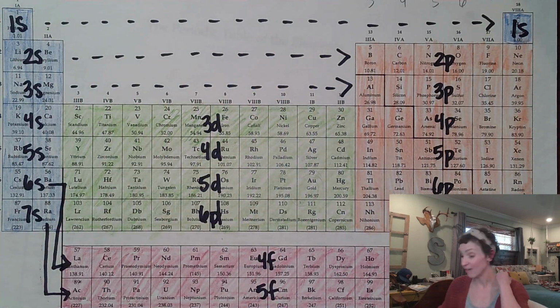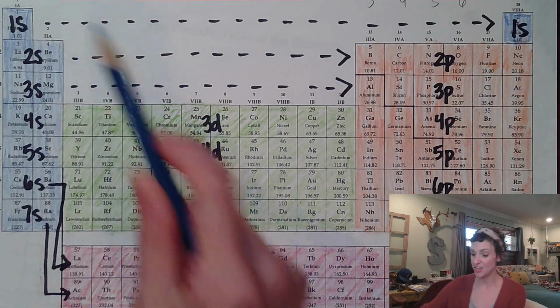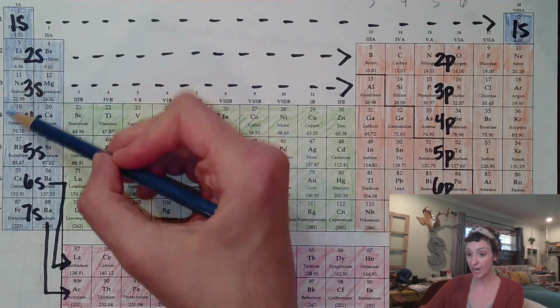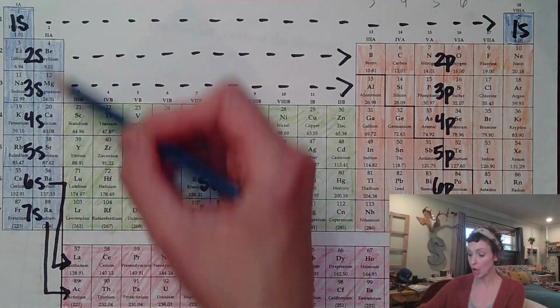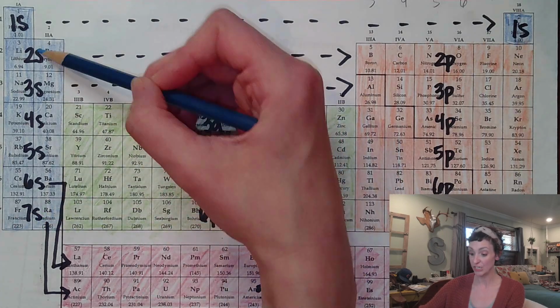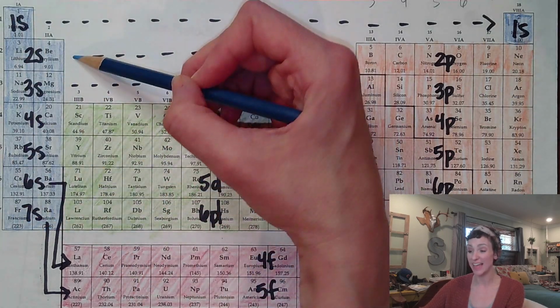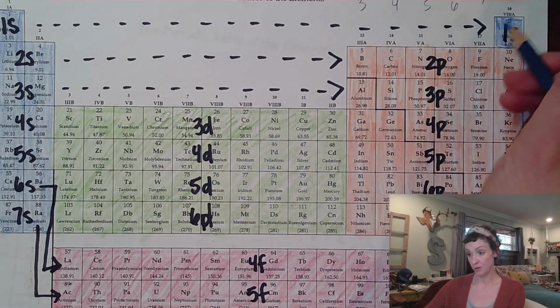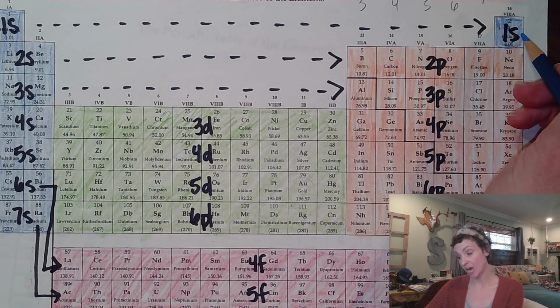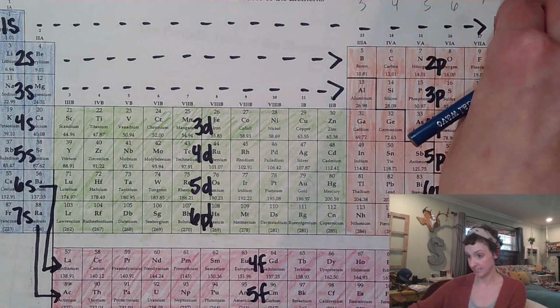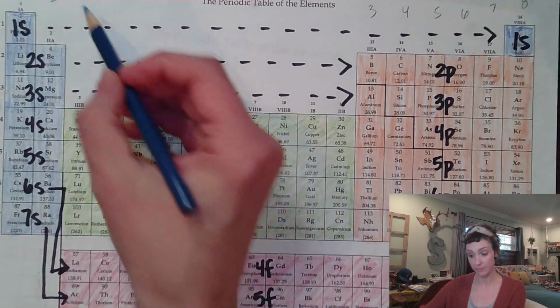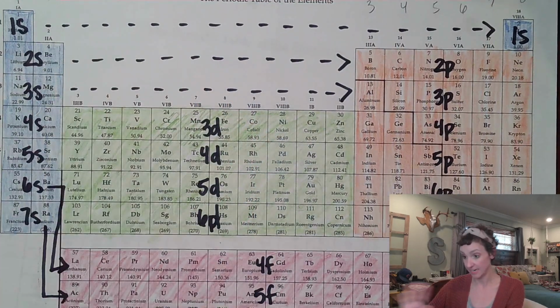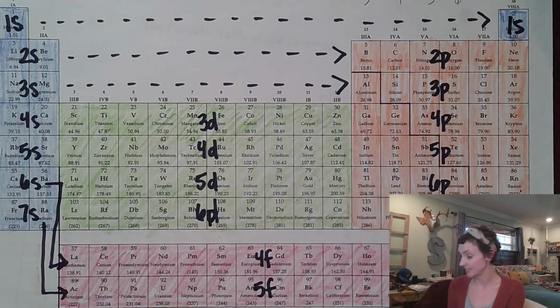So go ahead and grab the colored pencil that you use for your S rooms, and you're going to color the first two columns, or the first two groups, of the periodic table that same S level color. Do not forget helium over here. He's being awkward. We are going to consider him as part of the S room. It would be nice if he fit perfectly there like Tetris, but apparently that is not the case for us.